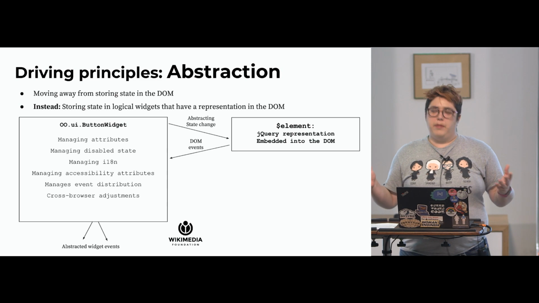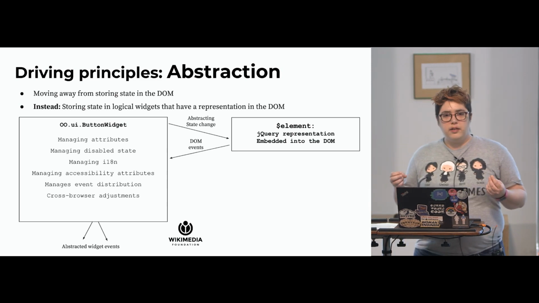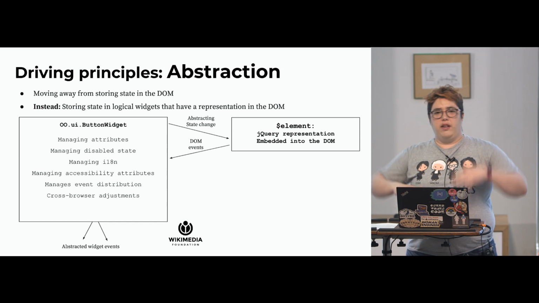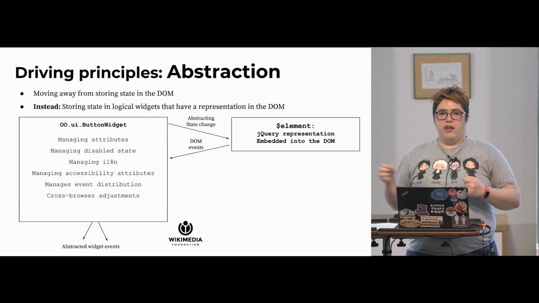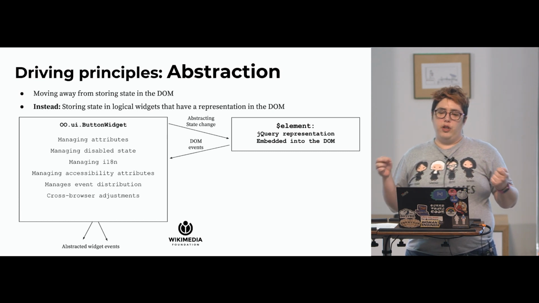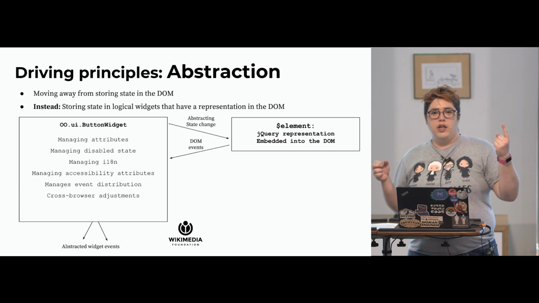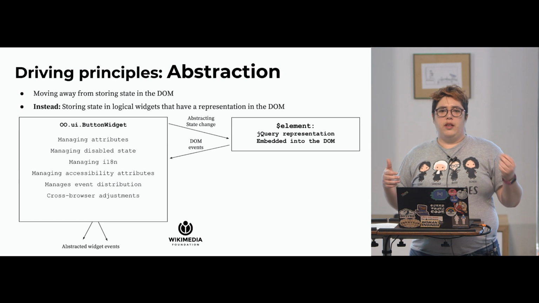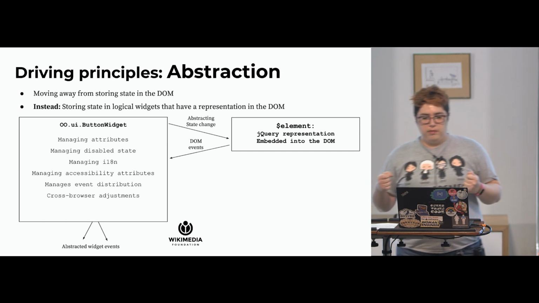So the first thing we want to make sure is abstraction. A lot of times, especially back then, the data that you would use for JavaScript would be on the DOM element. So you'd have data attributes, you'd play around with them, you'd have another DOM element that stores your attributes, and that caused a lot of problems, especially when we know that in our stack we have gadgets, and we can have multiple gadgets on a single DOM element or a single product, and trusting the DOM element to store our data is not very sustainable.